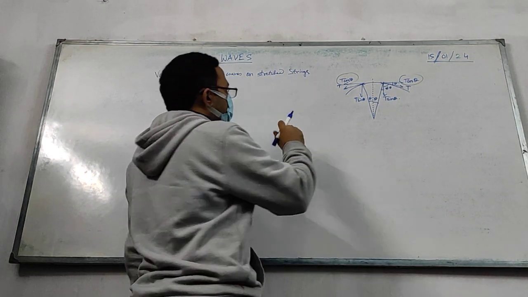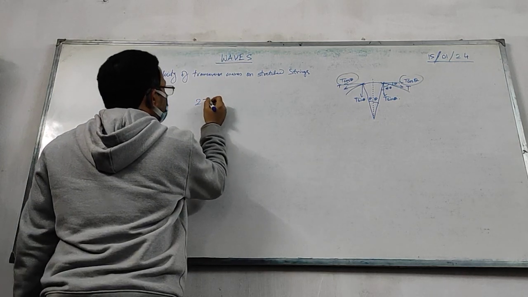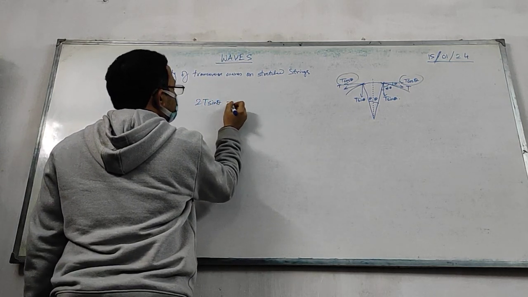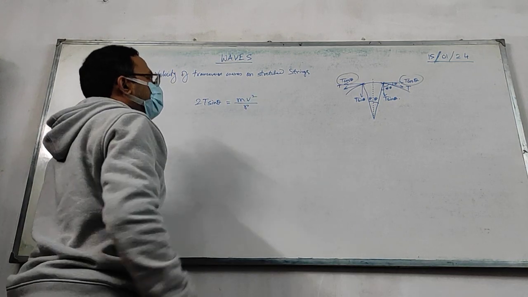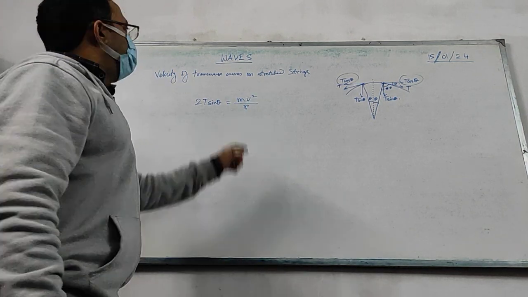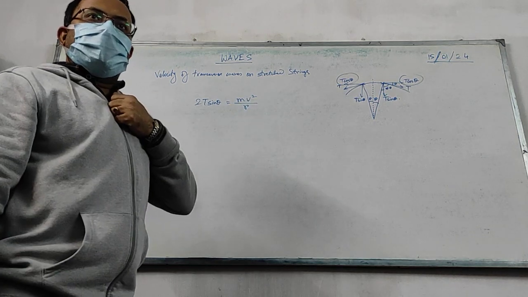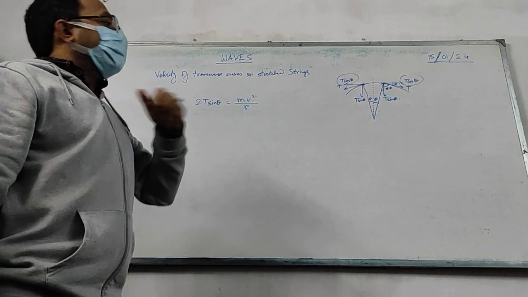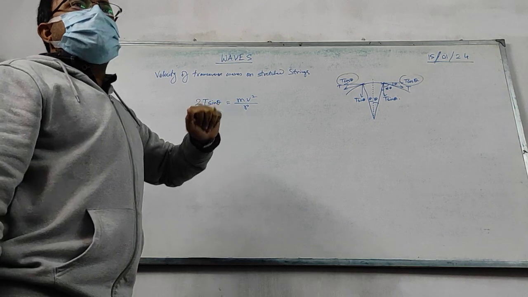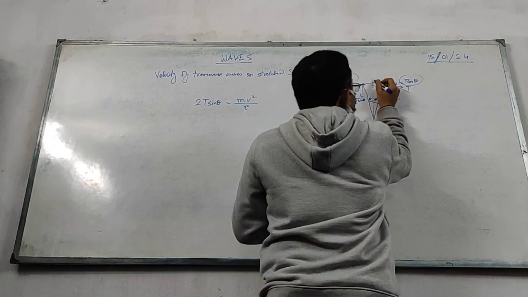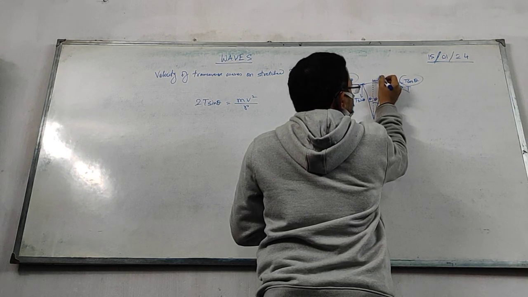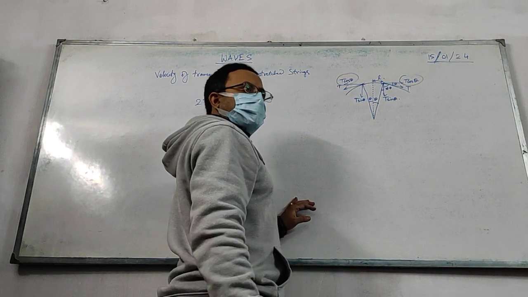Now the question is, we write 2T sin theta is equal to mv square by r. What is r? V is the velocity we need. V is the tangential velocity we need. R is the radius. Now that is not known to us. How do you get to know that? Say this length over here is L. Right.